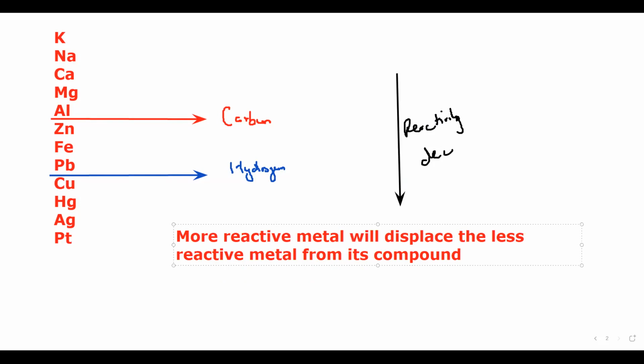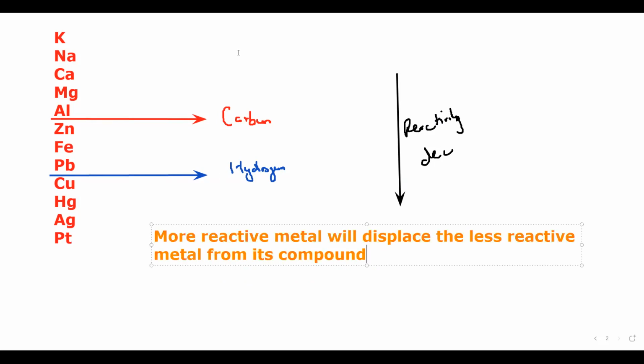So if I say I have, for example, magnesium oxide and I add calcium. So we know calcium is more reactive. As we see in the reactivity series, calcium is above.